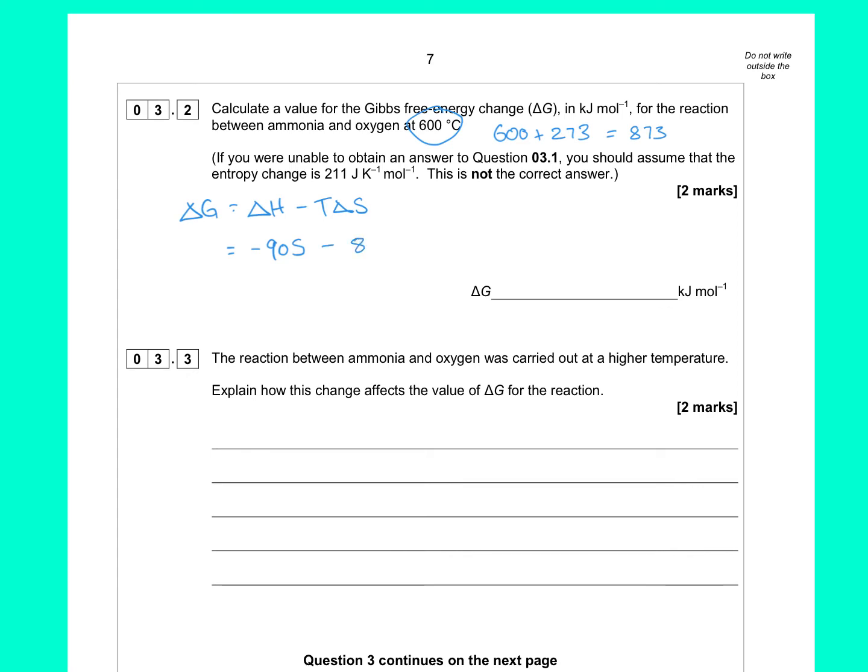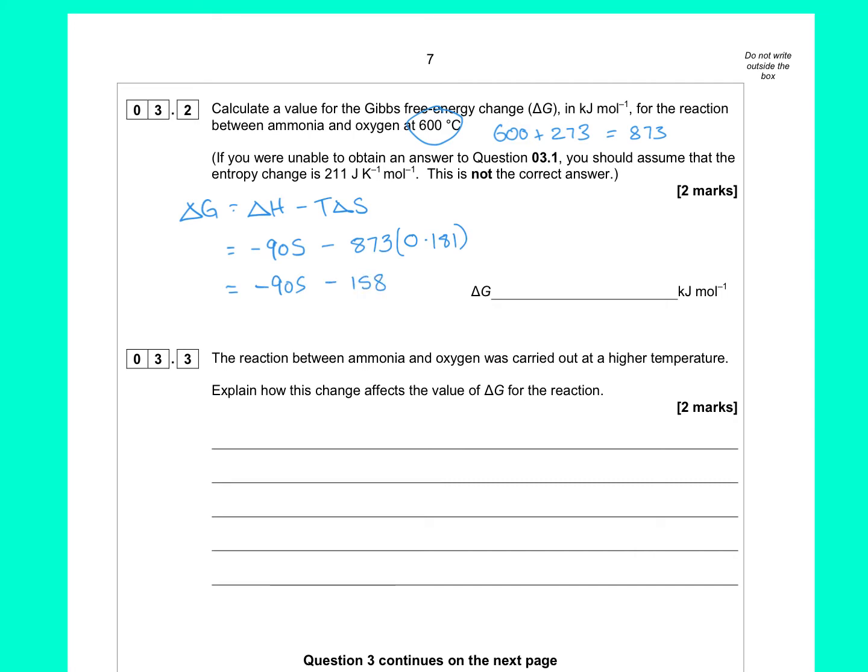And then you need to remember that the delta S needs to be in kilojoules, otherwise you can't take it away or add it to delta H, which is in kilojoules. So we just worked out on the previous page that delta S was 181, so we need to divide it by 1,000. So it's going to be 0.181 times the 873 taken away from the minus 905.